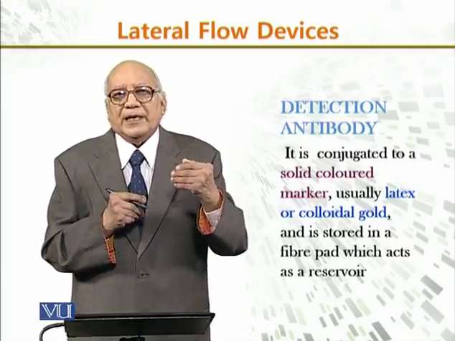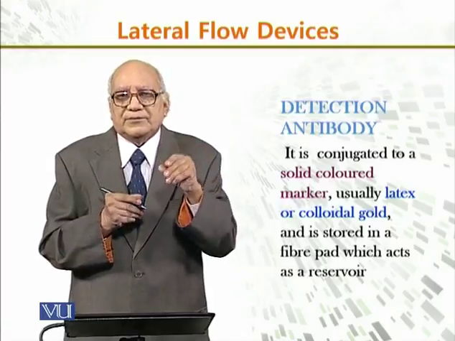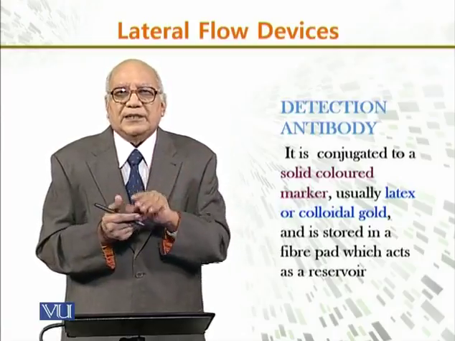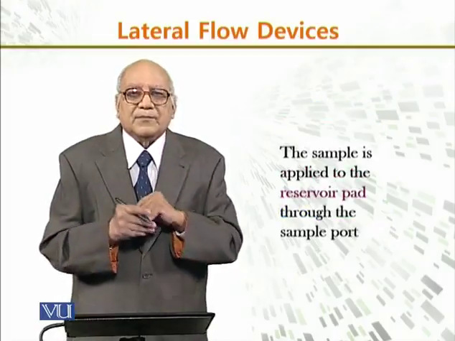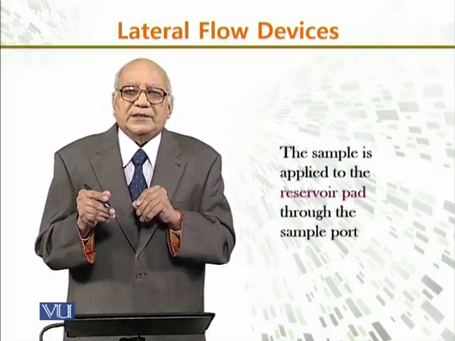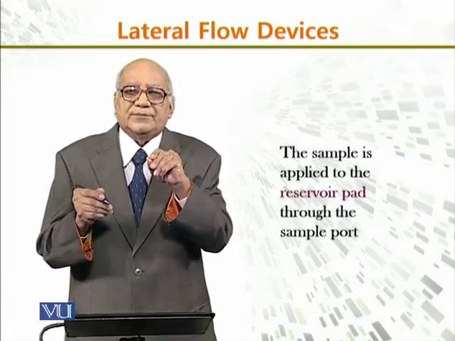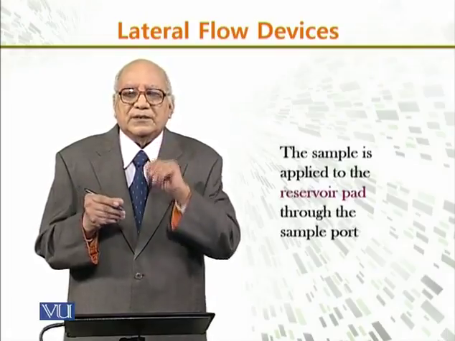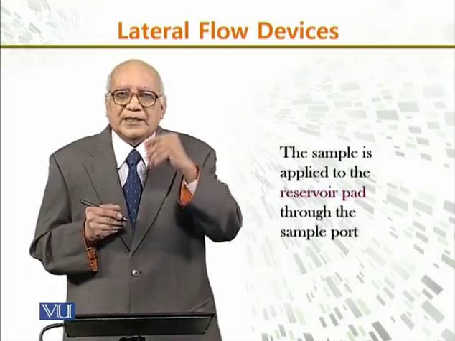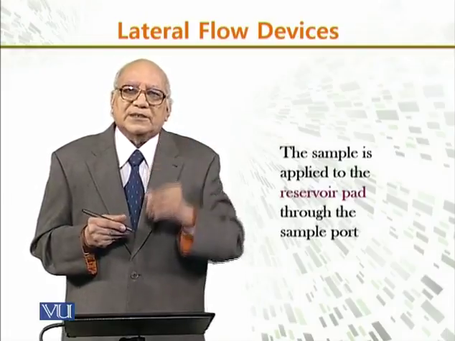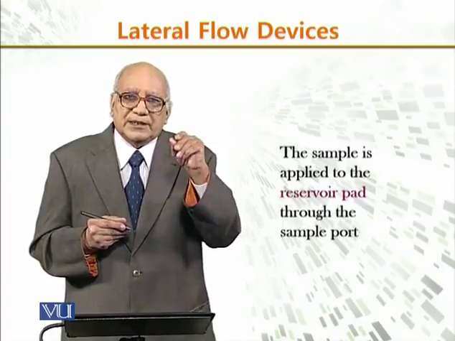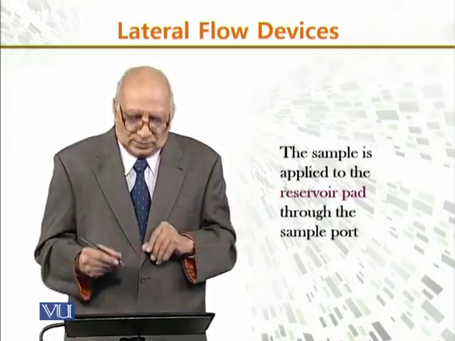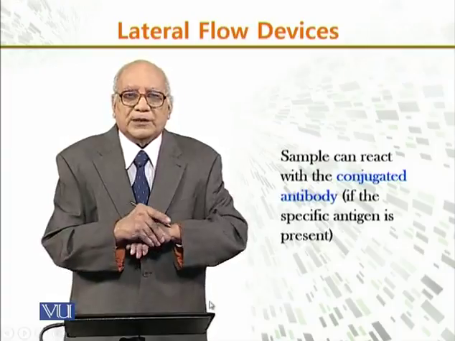So in the fibre pad, this detection antibody is stored in a small quantity. The sample is applied to the reservoir pad along the sample port, which is on the top of the material.